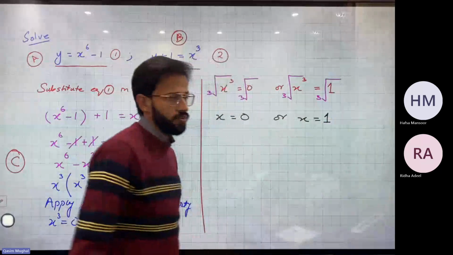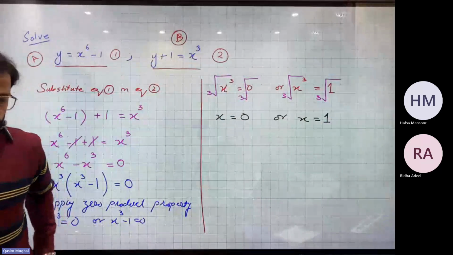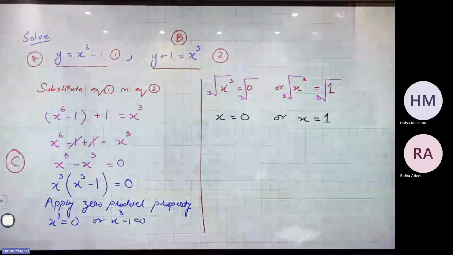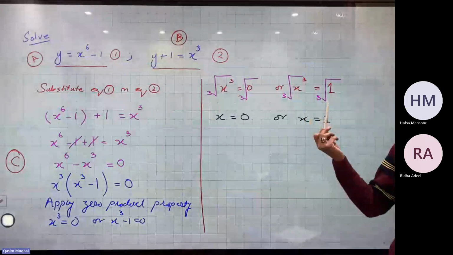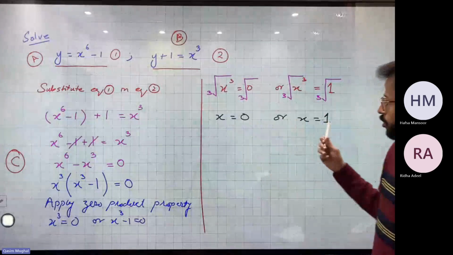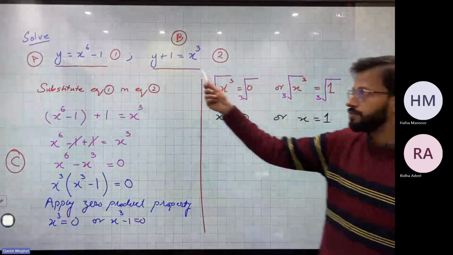The other day I told you, whenever you take a square root on your own, you always put a plus minus sign. Over here, we are not taking a square root, we're taking a cube root, so we won't put a plus minus sign. So these are the two common points of intersection for these two solutions.